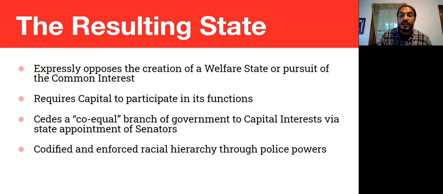So all of the landholders would be in the government, voted in by landholders, and then they would pick their favorite landholder in order to represent all of them in negotiations. It also codified and enforced racial hierarchy through police powers, which we still see today.